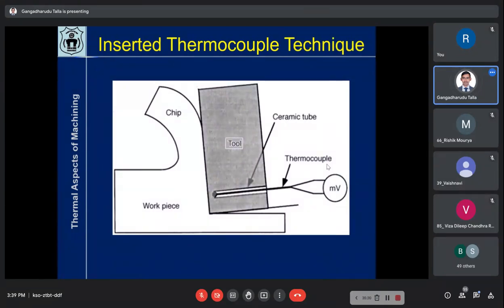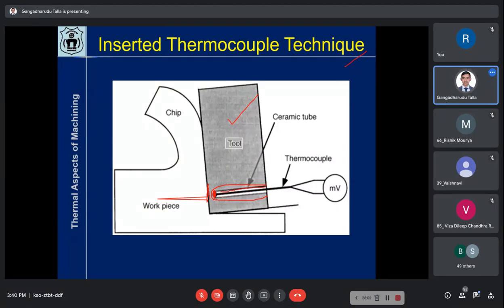Another method is the inserted thermocouple technique. So here you see, this is the tool. You have drilled a hole into the tool very close to the top surface, and you have kept a thermocouple inside it. It is touching the bottom surface at the end of this drilled hole, and the remaining portion is insulated.